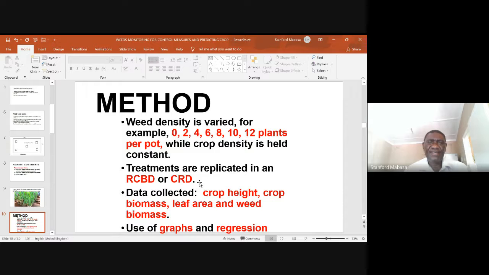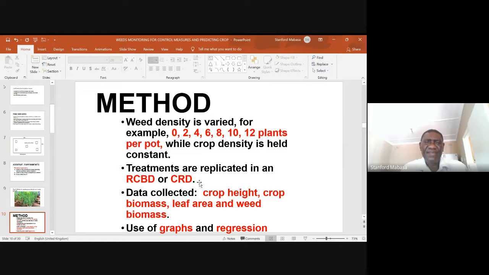So weed density can be varied, for example, 0, 2, 4, 6, 8, 10, and 12 plants per pot, while crop density is held constant at one plant per pot.